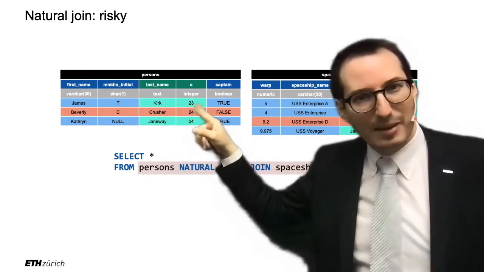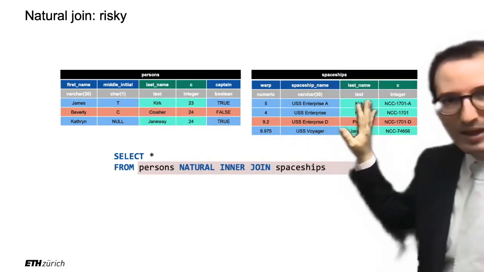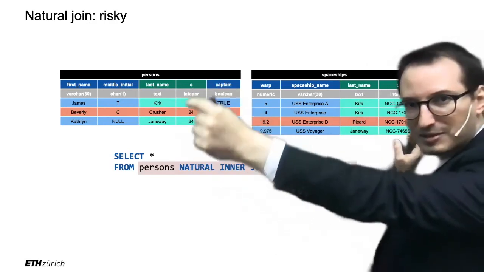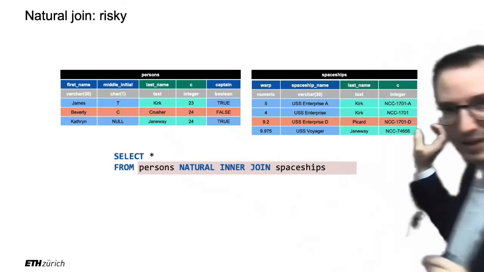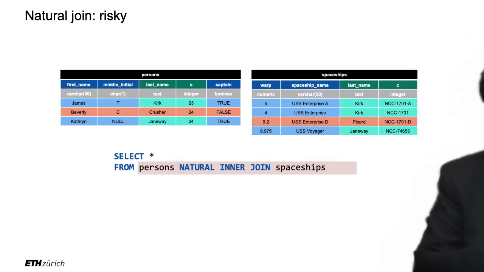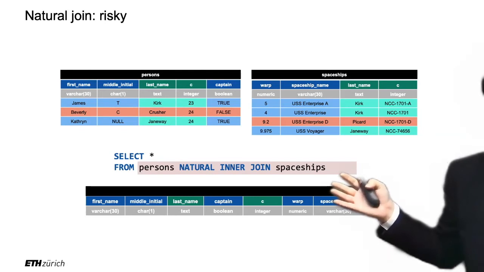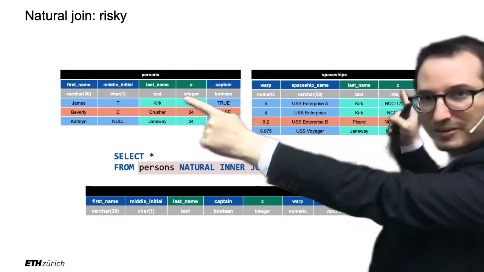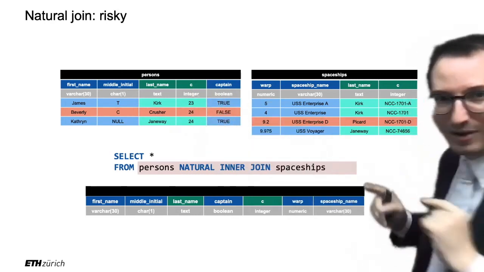But now do you see what's happening? Last name and last name here, we are fine. This is what we want. But here, C means the century, and here, C means the code. So if you were very optimistic, okay, let's go ahead with a natural join, bam, Pech gehabt. It's totally empty, because the C and C basically never ever match.